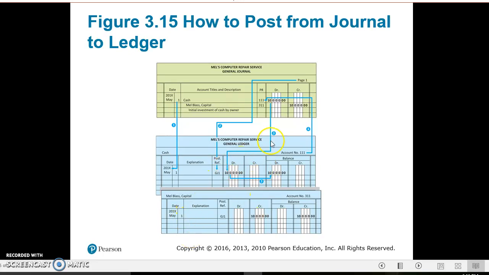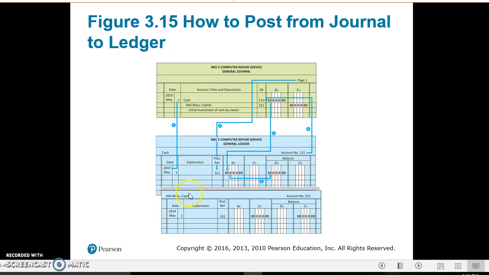Then we're going to come back up here and put our account number, 111. We're going to put it up here so we know that we post referenced it. It's very important that you only put your post reference in your journal after you have posted it down here. Then you won't lose track. You know you did it.